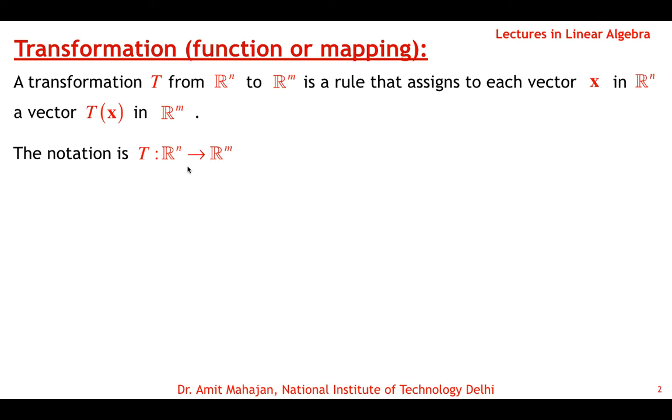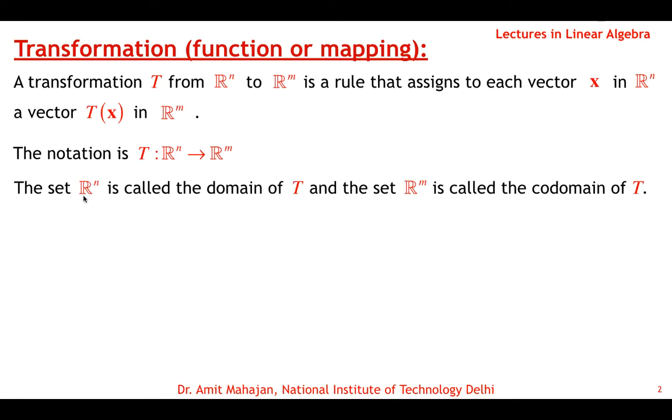Every vector that comes from Rn is transformed by T and goes to Rm space. The input space, the Rn space, is called the domain of the transformation, and the space Rm is called the codomain of the transformation.